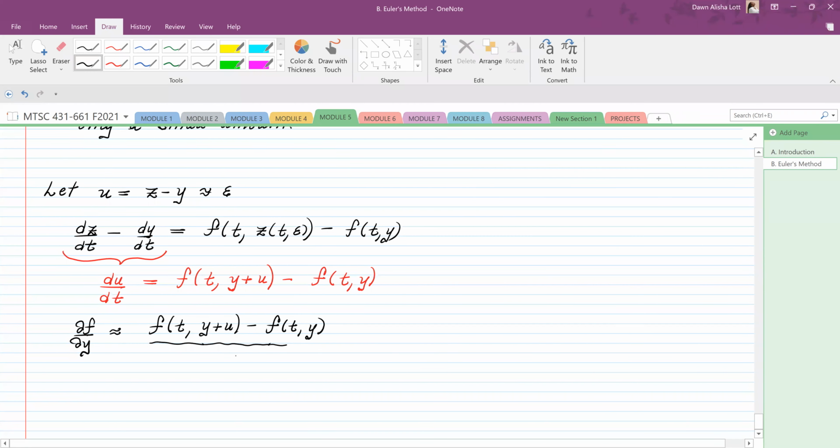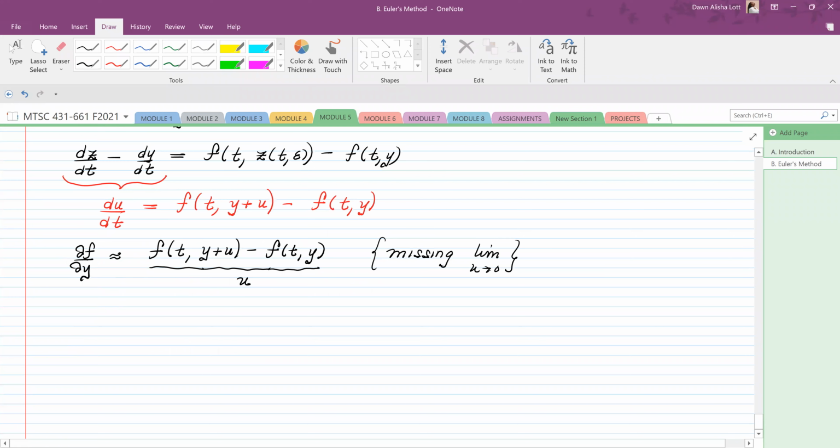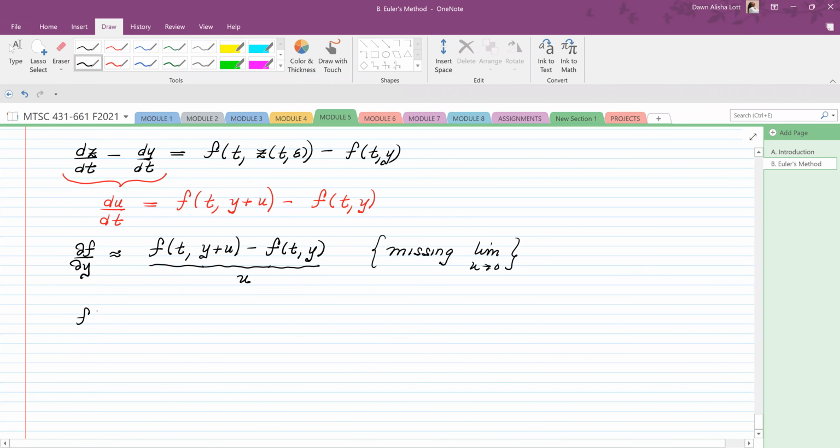The only thing that's missing is the limit as u goes to 0. So that is the partial of f with respect to y. So therefore, f of t and y plus u minus f of t and y is approximately the partial of f with respect to y times u.